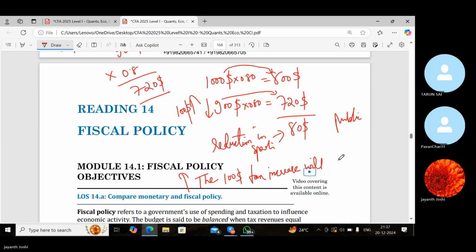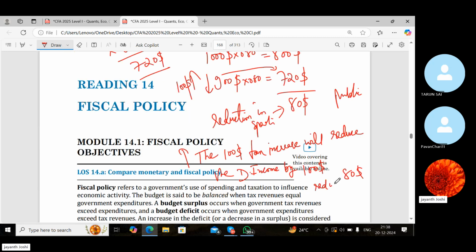It will reduce the disposable income by exactly $100, and the reduction in spending is $80. Now we'll move forward. We will see the things step by step.